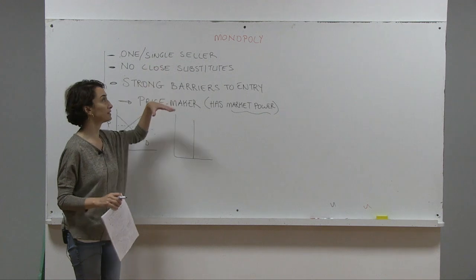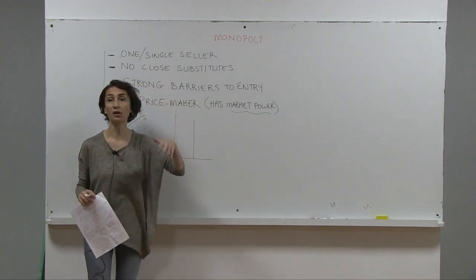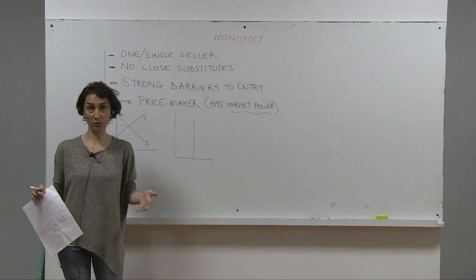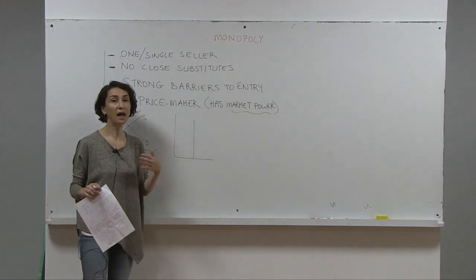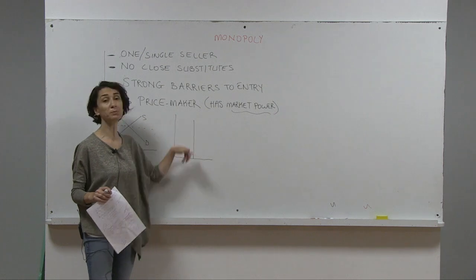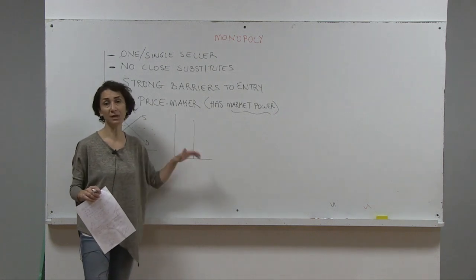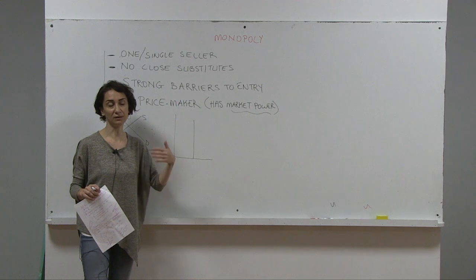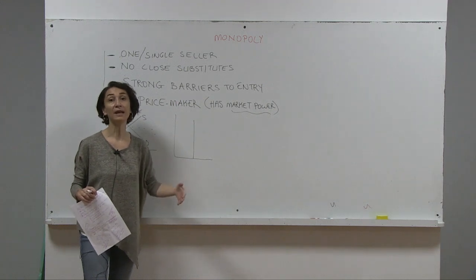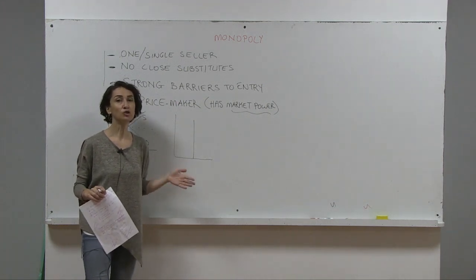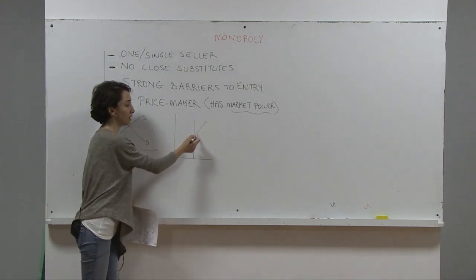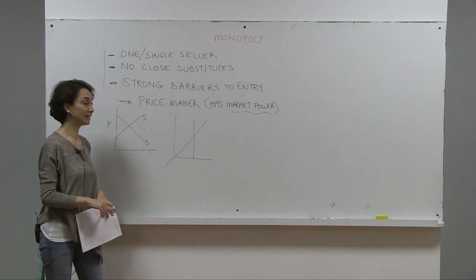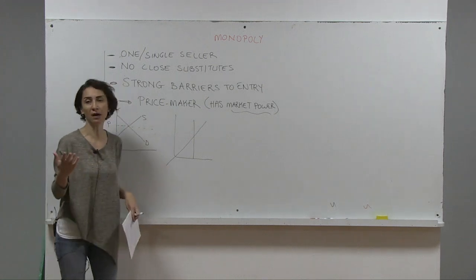When we give this definition, they say, okay, this is the only firm producing electricity, that means people have to accept whatever price this firm is labeling. That is wrong, okay? So monopoly does not imply perfectly inelastic demand. Why not?